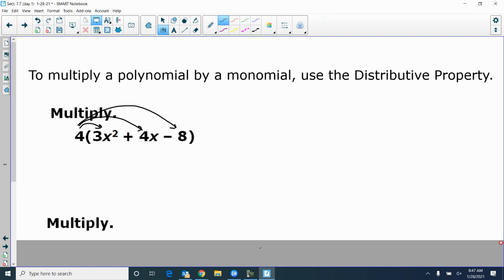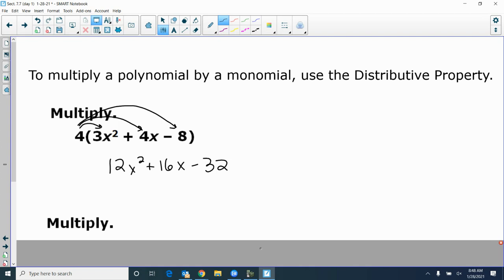So Evan, thank you, sir. What do you think is going to give me? What is 4 times 3x squared? 12x squared. And what's 4 times 4x? Good, 16x. And what's 4 times negative 8? Negative 32. Yeah, have your calculator out so you can follow.